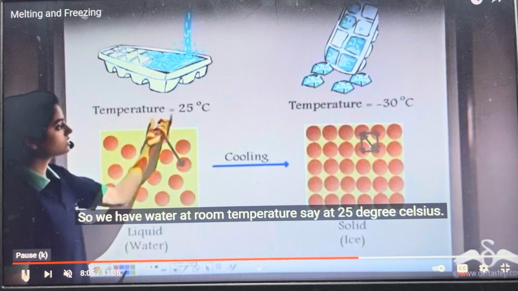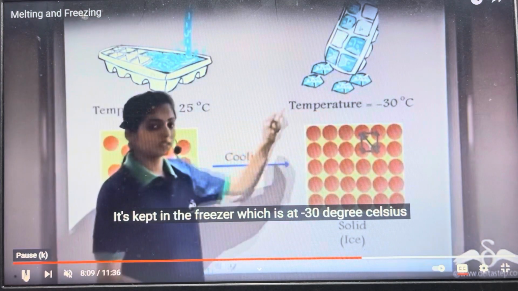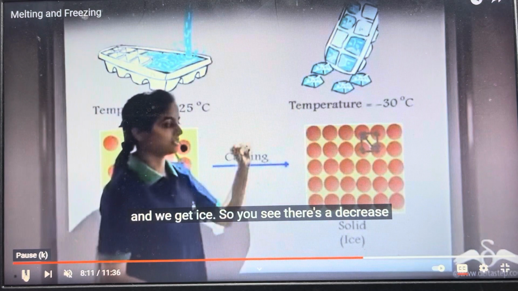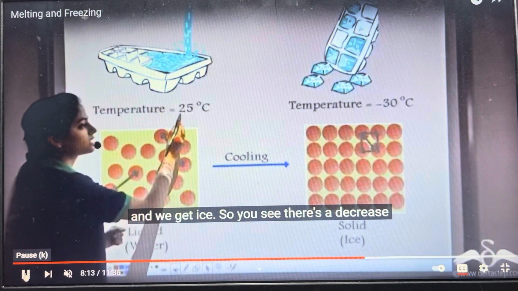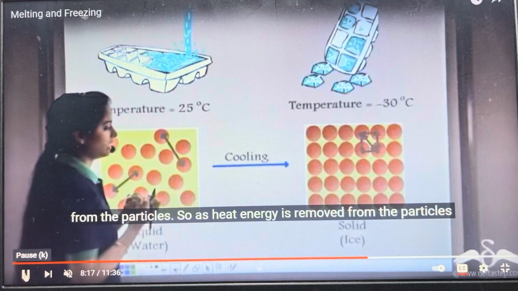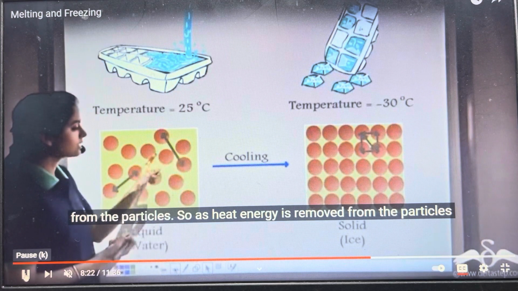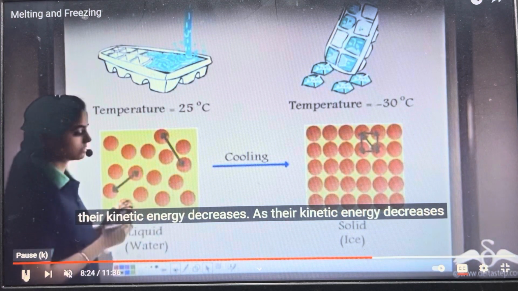So we have water at room temperature, say at 25 degrees Celsius. It's kept in the freezer, which is at negative 30 degrees Celsius, and we get ice. So you see there's a decrease in temperature. That is, we are extracting heat from the particles. So as heat energy is removed from the particles, their kinetic energy decreases.